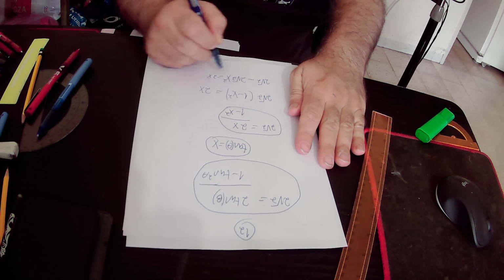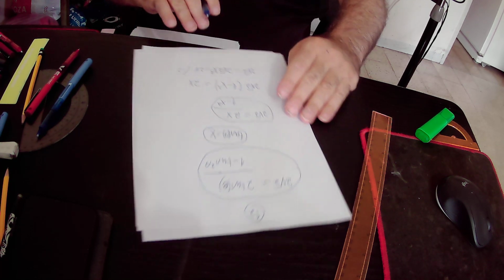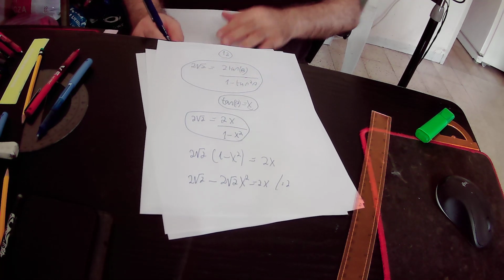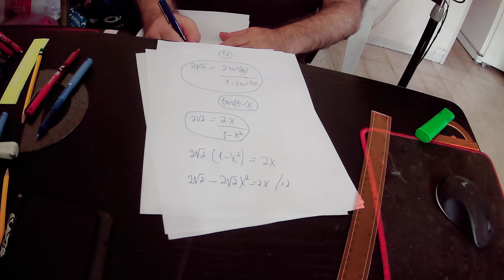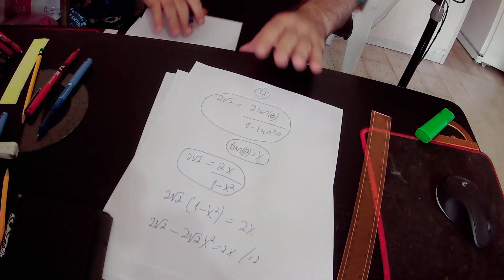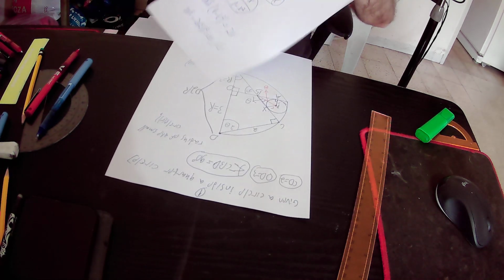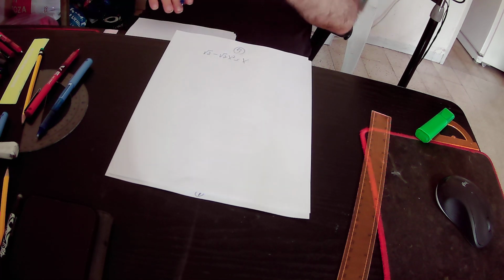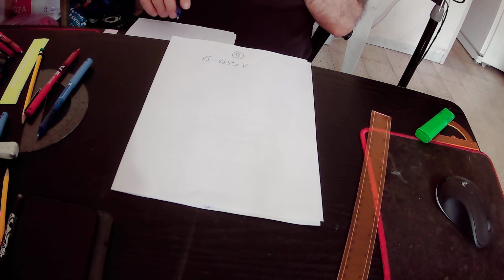Here we will divide this equality by 2, and we will get root 2 minus root 2 times x squared equals 2x over 2, which is x. So we got that root 2 minus root 2 x squared equals x.